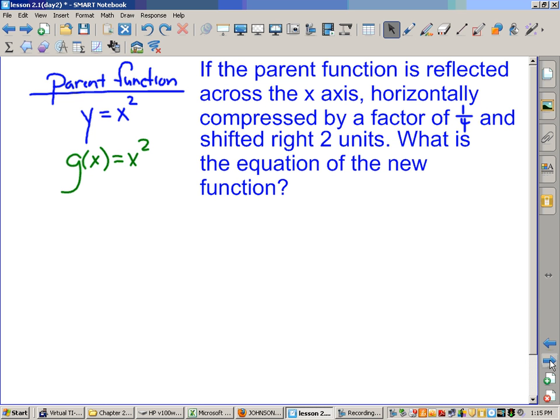It is shifted to the right 2, not a half.